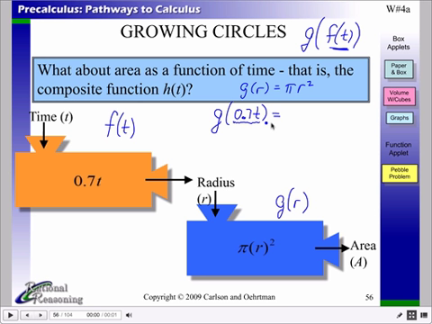So what's my input? I'm going to square the input and multiply by pi. So this is what we can call h of t, a new single function whose input is time and whose output is area.